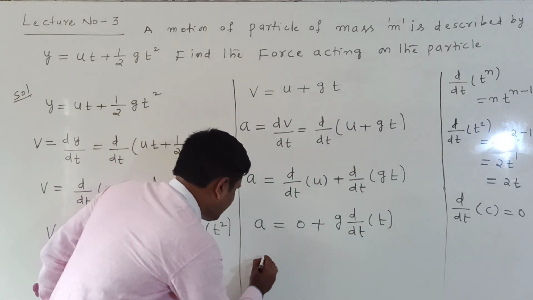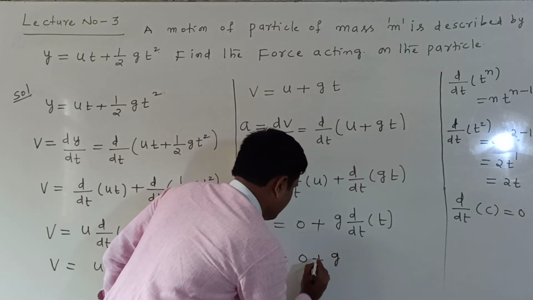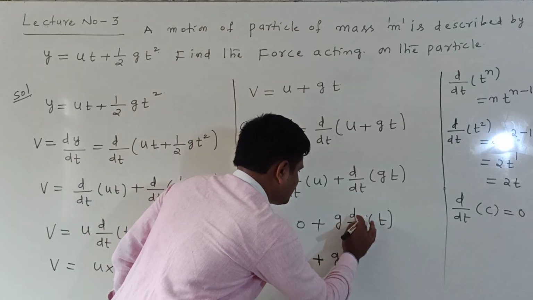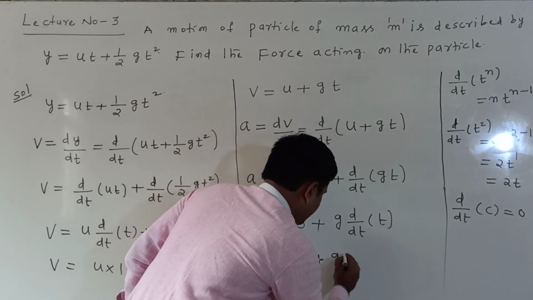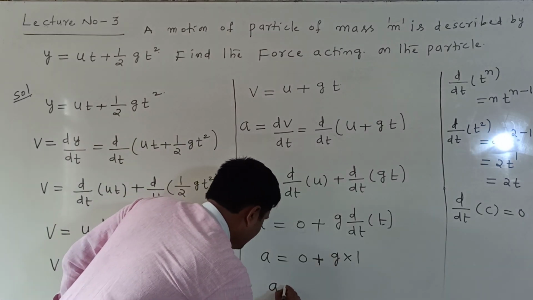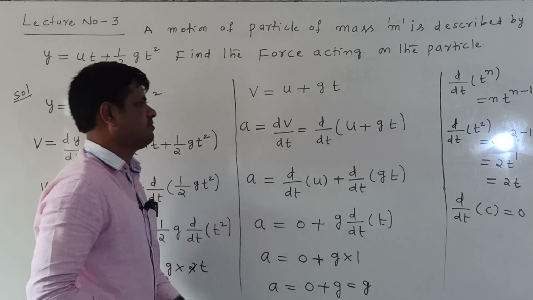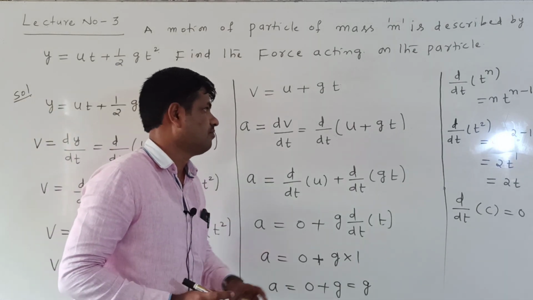So a is equal to 0 plus g into the differentiation of t with respect to t, whose value we already know is 1. So a is equal to 0 plus g, equal to g. This is the acceleration value.